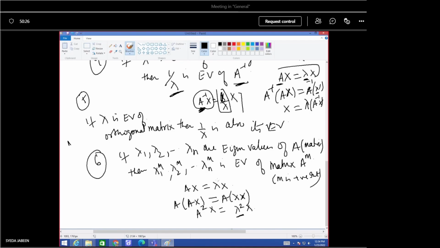Match it with Ax is equal to lambda x: lambda square is the eigenvalue of A square. Proceeding like this, lambda cube is the eigenvalue of A cube. Likewise, we will get lambda 1 to the power m, lambda 2 to the power m, and so on, as the eigenvalues of the matrix A to the power m, provided m is a positive integer.